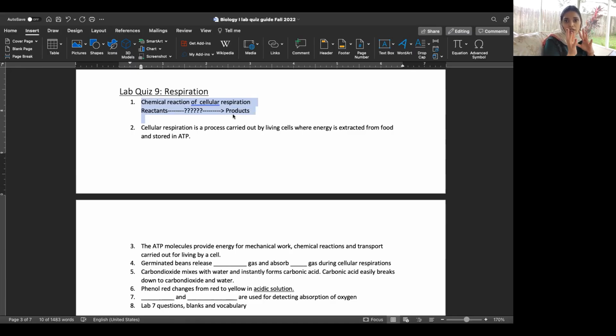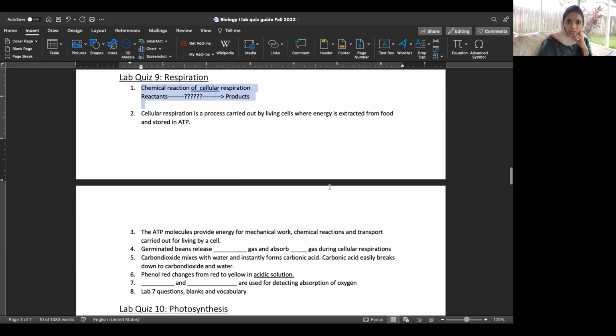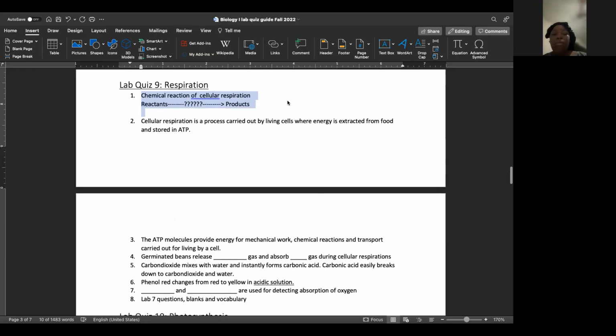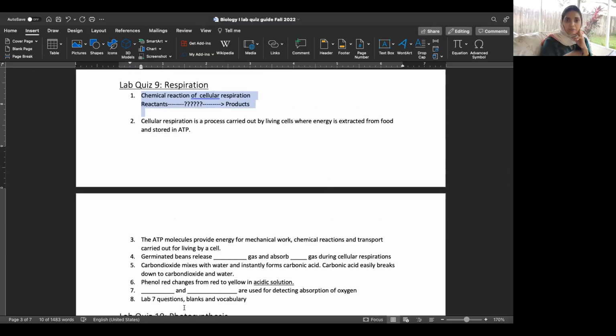The products in the chemical reaction of respiration would have ATP. Okay. Tanisha, yes, ma'am. Any part of lab 9? Any answer to lab 9? Chemical reaction. I don't know. Okay. Oh, no.